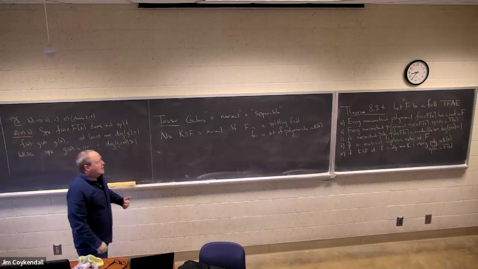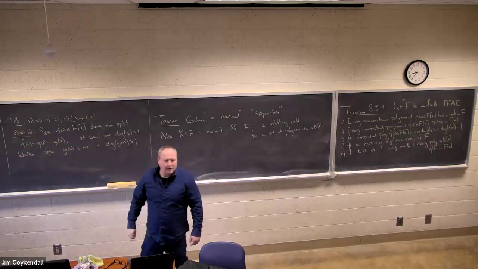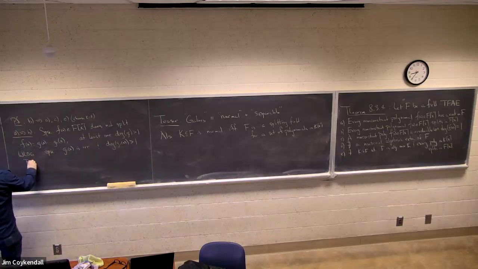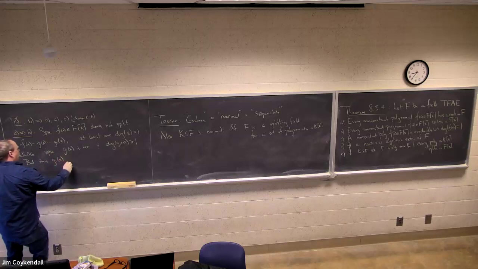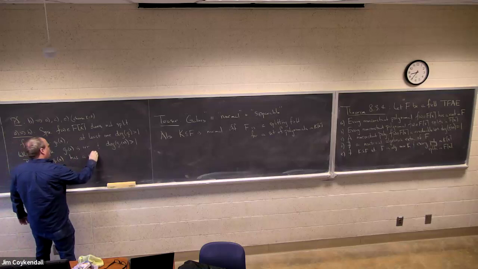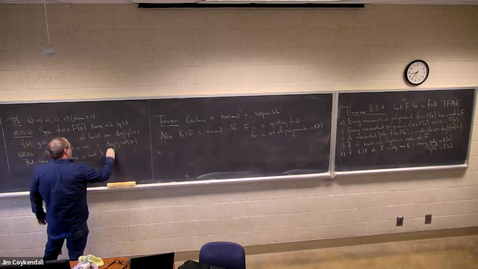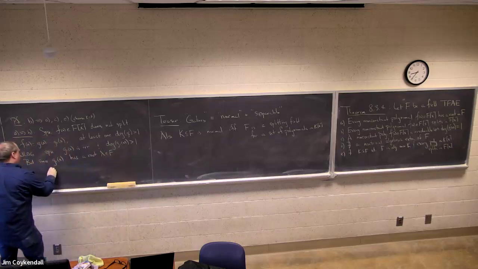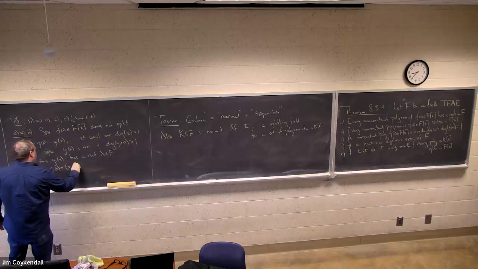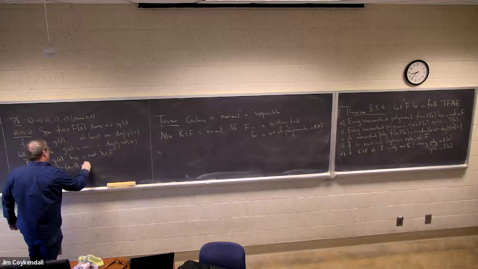But g1(x) by part A has a root, right? g1(x) has a root lambda in F, then g1(x) is (x minus lambda) times g1 prime of x.